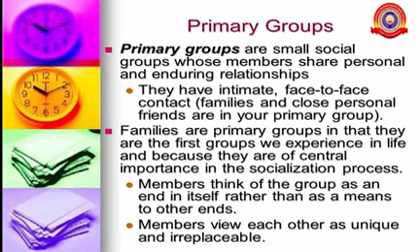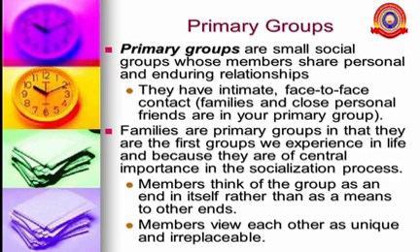Families are primary groups in that they are the first groups we experience in life, and because they are of central importance in the socialization process. Members think of the group as an end in itself rather than as a means to other ends.